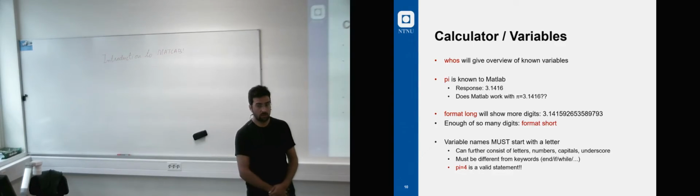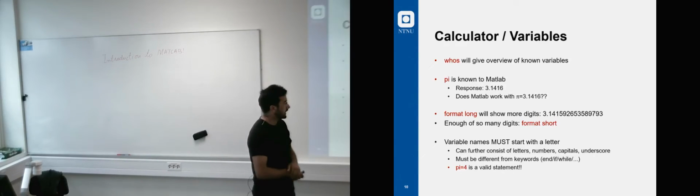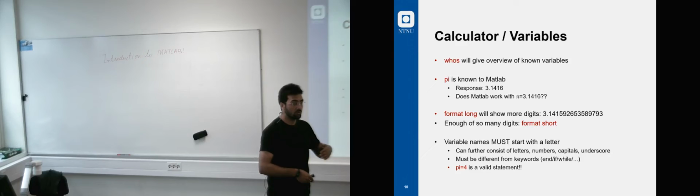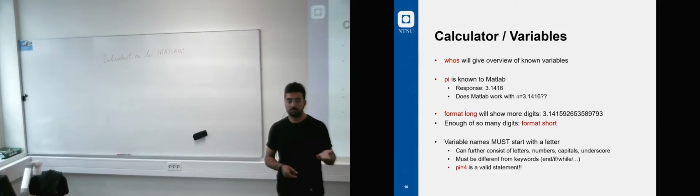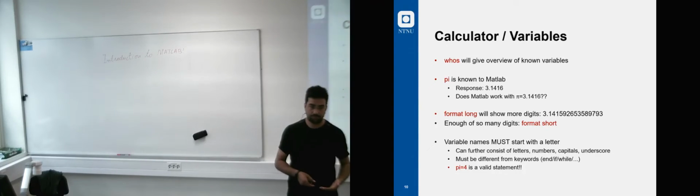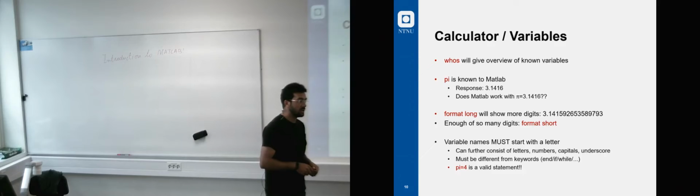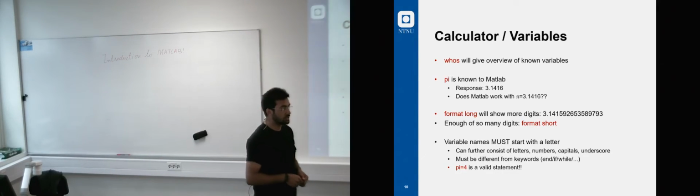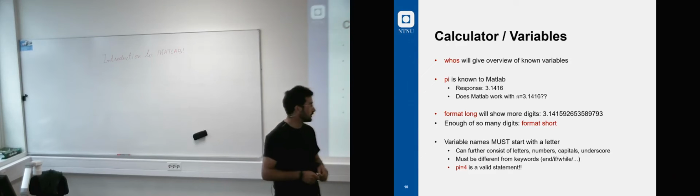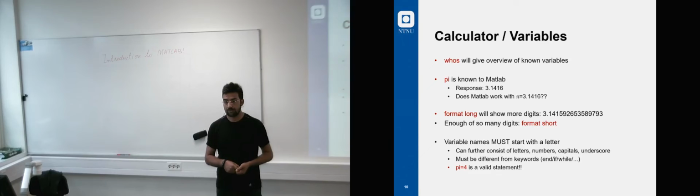You cannot have a dual meaning for the same keyword, so we should not use those keywords as variables. We should start with a letter. After the letter, we can use numbers, capitals, and underscores.